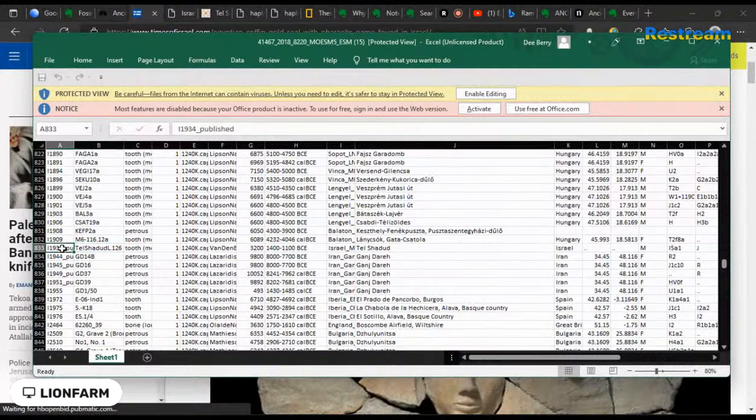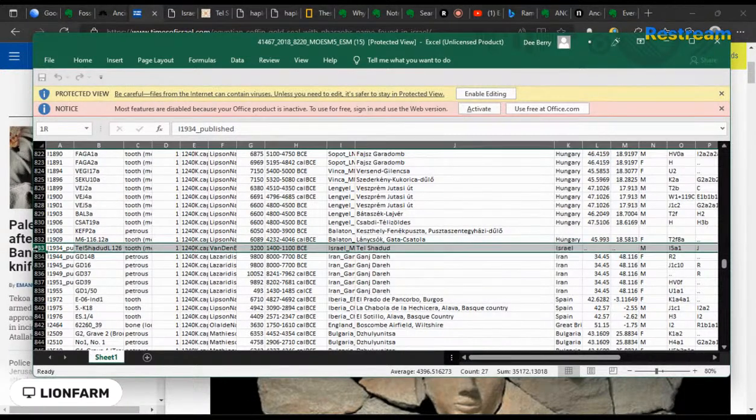It's going to be 11934. And what you can see there in Tel Shadud is that it's going to have mtDNA I and yDNA J. That's going to be very important. And note the time frame there, between 14 to 11 BC, so 1,400 to 1,100 BC.